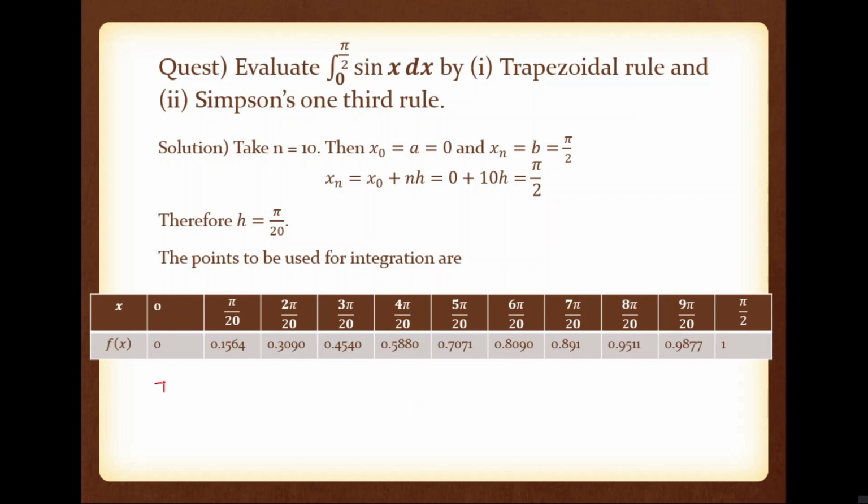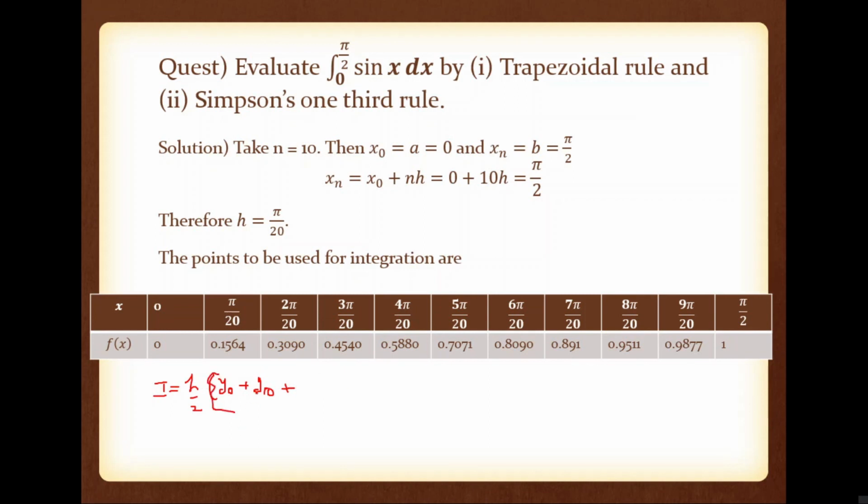I is equal to h by 2 into y0 plus, that is first point plus last point. Here the last point is y10. This is curly bracket.